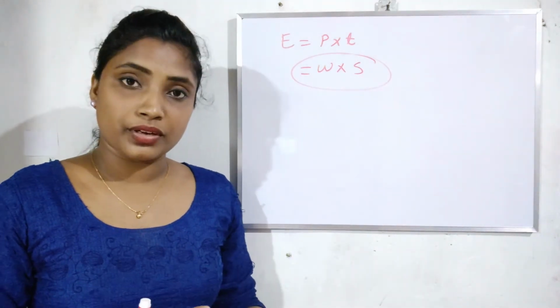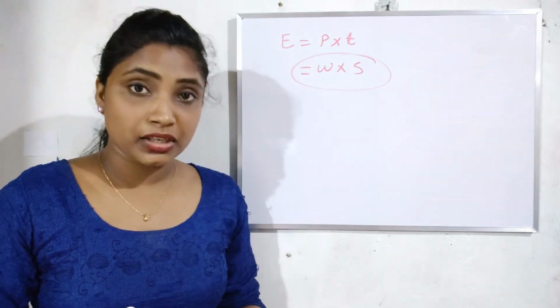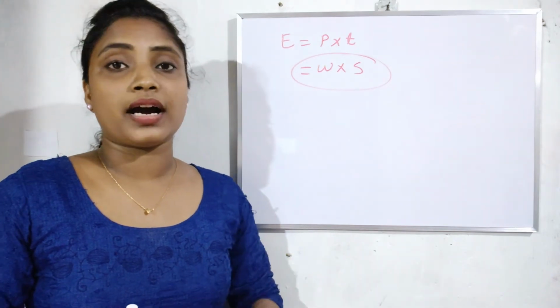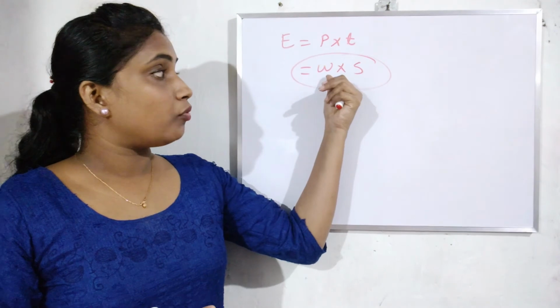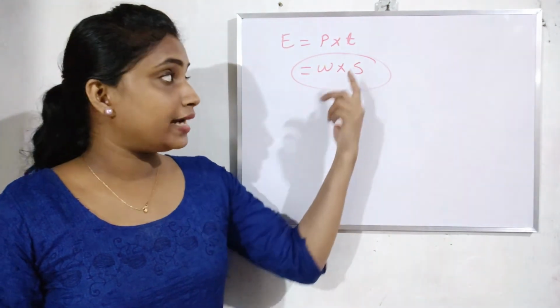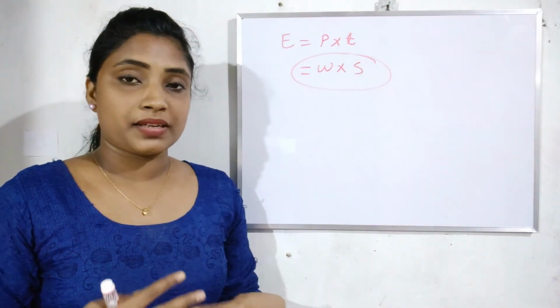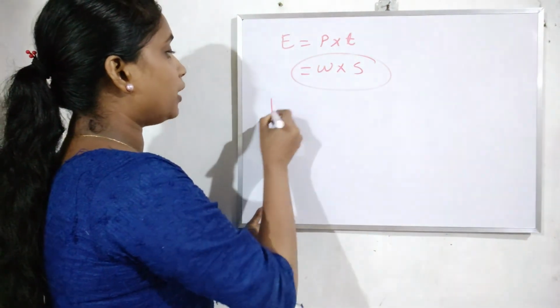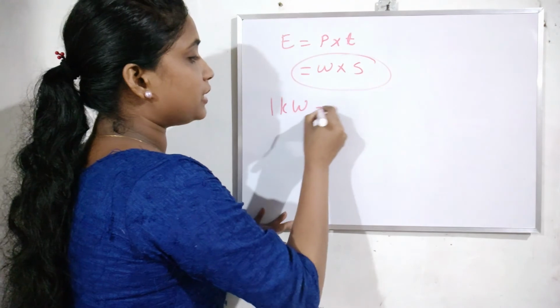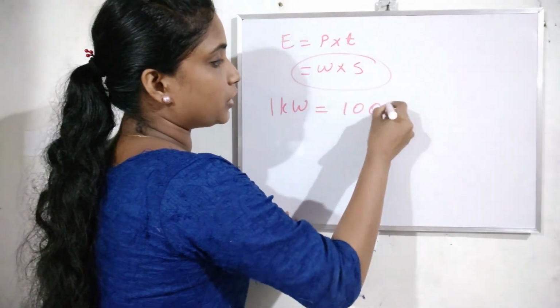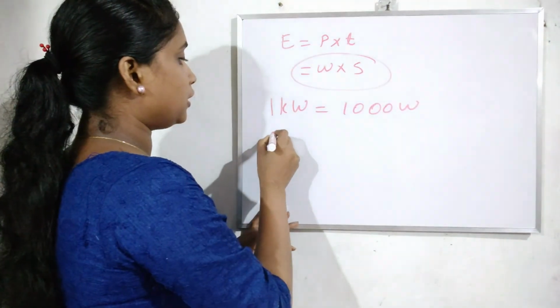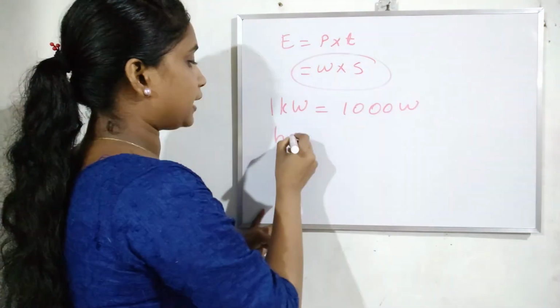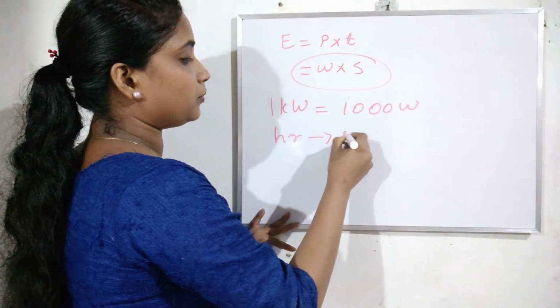So for our convenience we use another unit, which is kilowatt hour. That means the watt is represented as kilowatt and second is represented as hour, kilowatt hour. 1 kilowatt is equal to 1000 watt, and instead of a second we use hour.